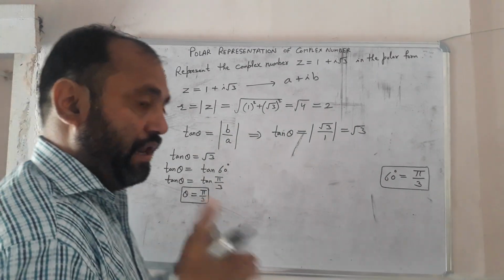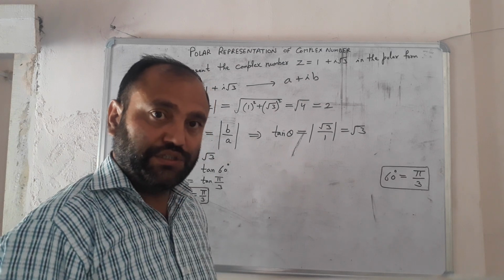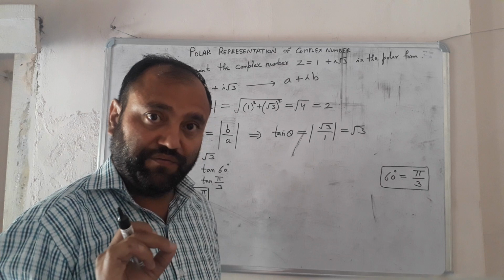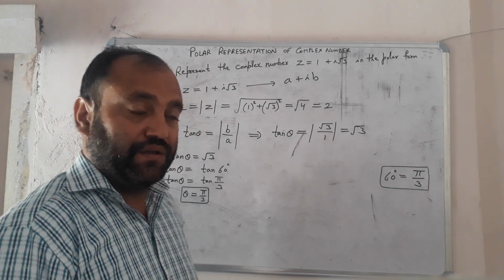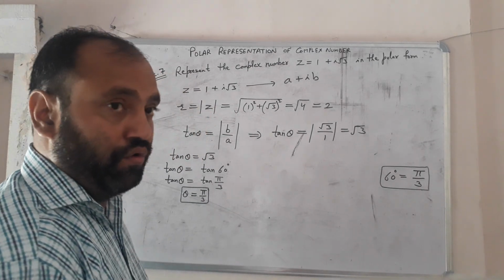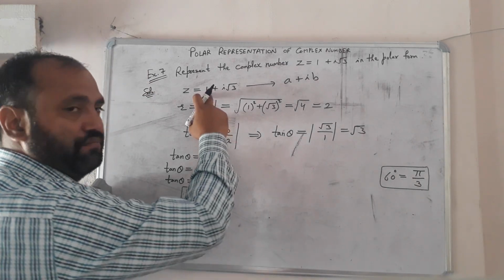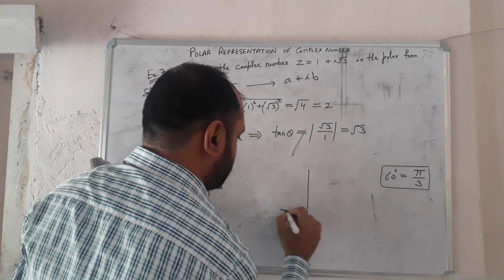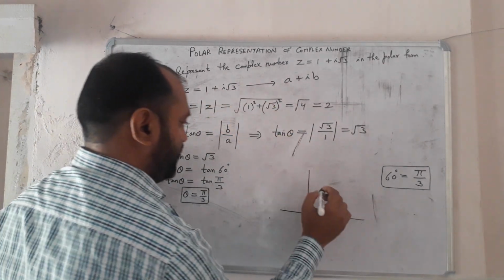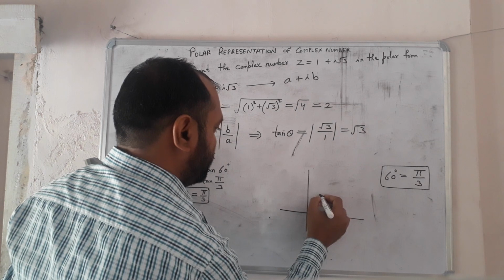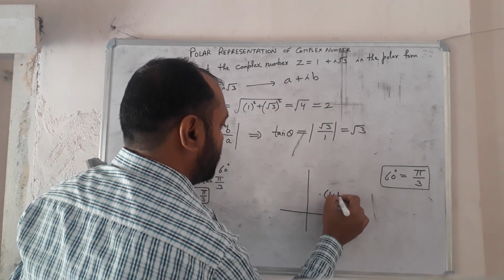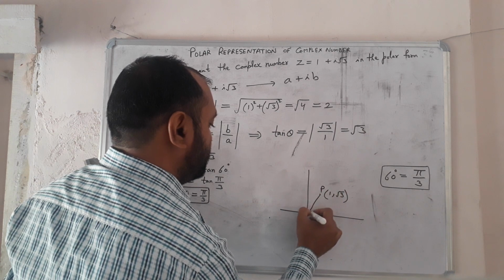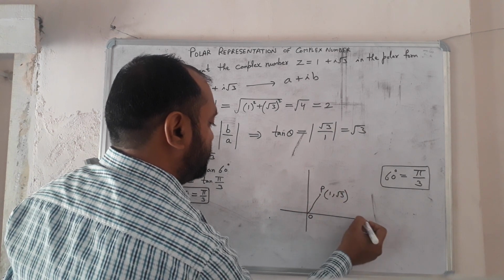Now, last time I told you how to find the argument of any complex number. Firstly, you should know in which quadrant this complex number lies. So, this complex number 1 comma root 3 lies in first quadrant.